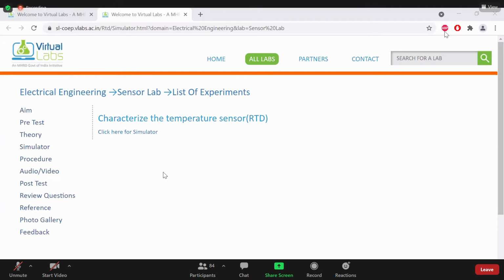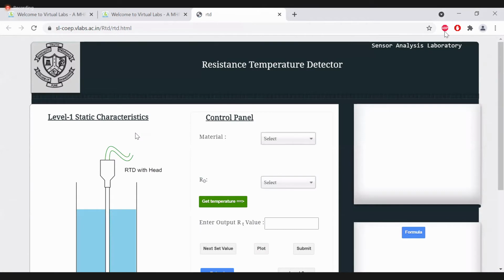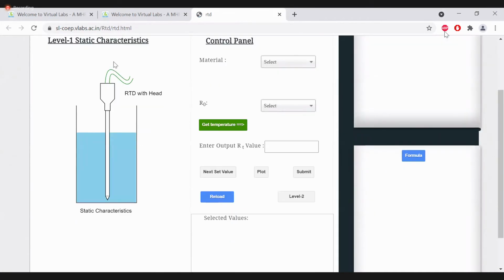And this is the simulator tab. Again, here we have to click for simulator, and here we have to conduct our experiment.